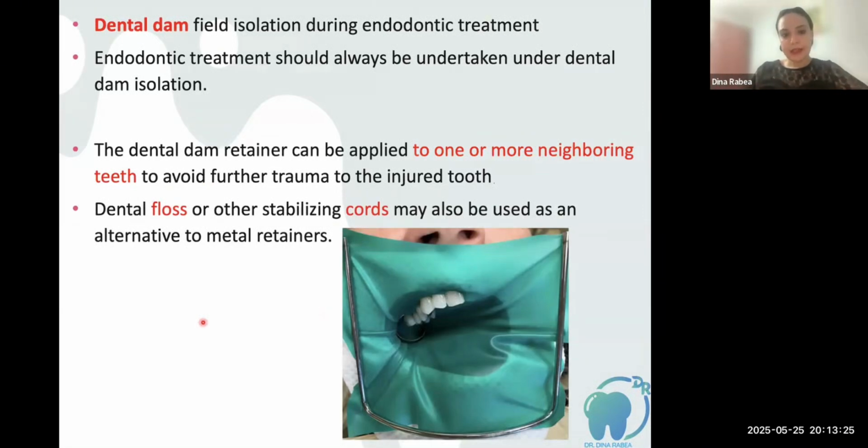But the guidelines suggest using dental floss, for example, a part of the rubber, Teflon, or any other cords to stabilize the rubber dam instead of using the metal clamps, to avoid further traumatizing teeth and to avoid inflicting more pain on an already suffering child. So use the rubber dam, but make sure you can use different methods to avoid causing more pain with the clamps of the rubber dam.